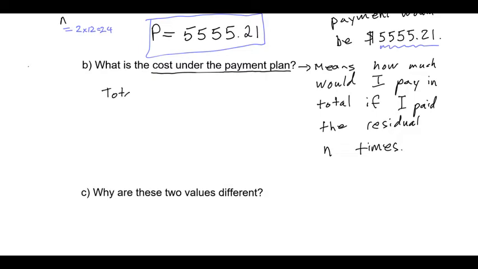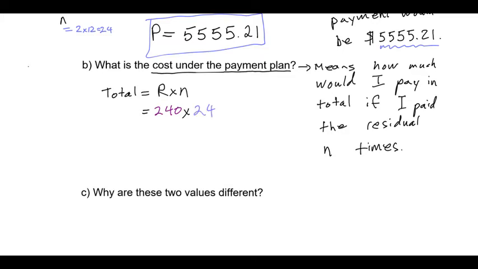So in order to get the total, what we have to do is take the residual R, and we're just going to multiply by N. Anytime we have to do any totals with payments, we always take whatever we're paying each time and multiply by N. So that's 240 times 24.